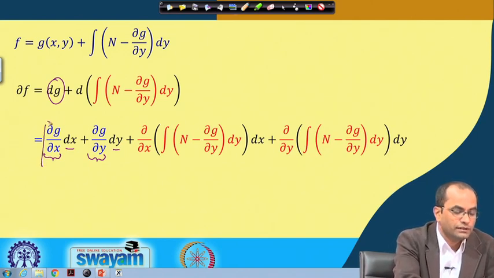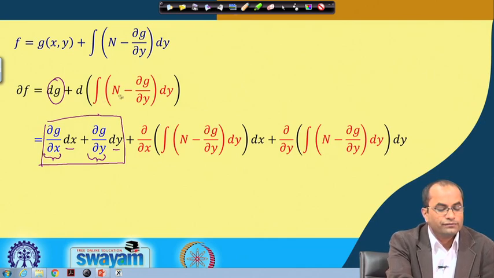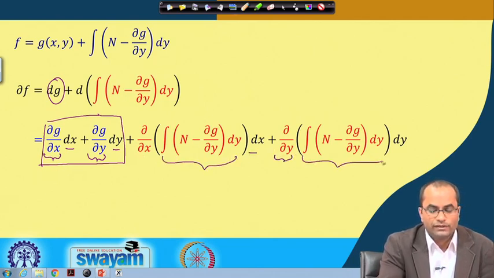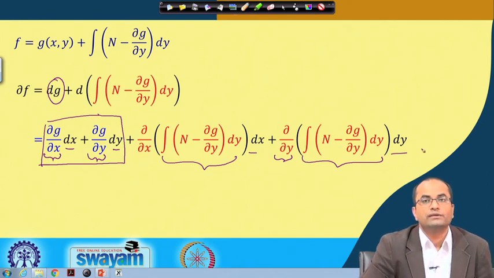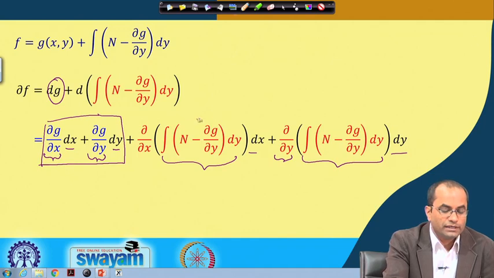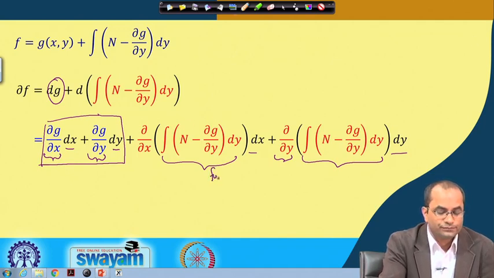So, that is dg, the differential of g. And again the same definition for the differential of this bigger function: del over del x of this function into dx, and del over del y of this function into dy.